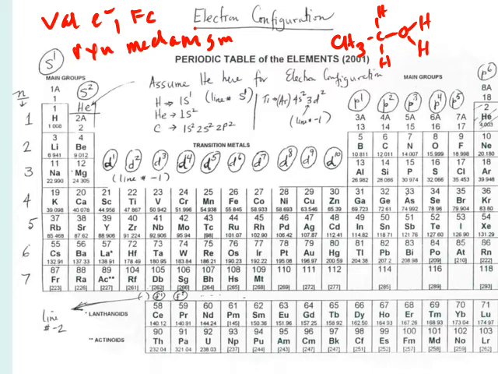Remember, I said that if you have an element other than hydrogen, then it would like to have 8 electrons. So first we have to take care of that. Now the oxygen doesn't have 8 electrons, so you need to make it 8.